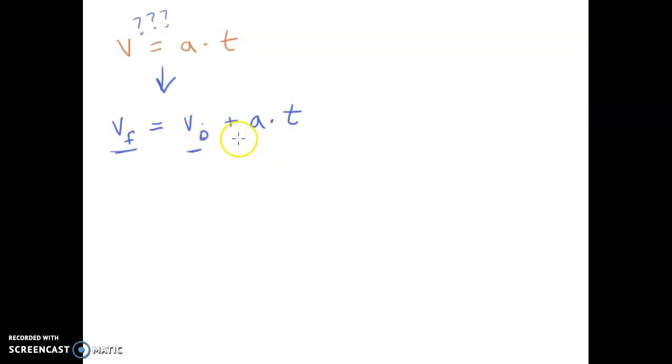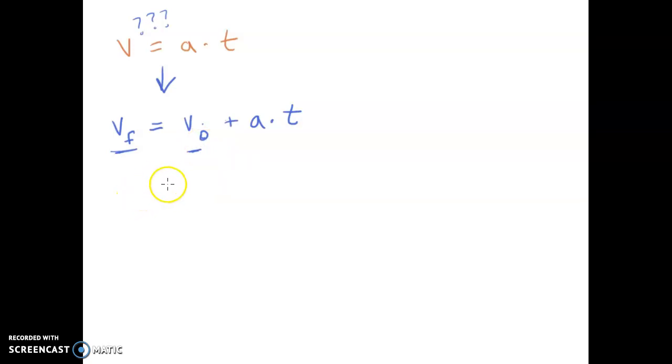Before, when I was giving you questions, our initial velocity was always 0. And when our initial velocity was always 0, this term canceled out and we had VF or V equals A times T. Now I'm giving you a more general form of this equation where we can't always count on V naught being 0. Just like in that previous question I gave you, V naught was not 0.